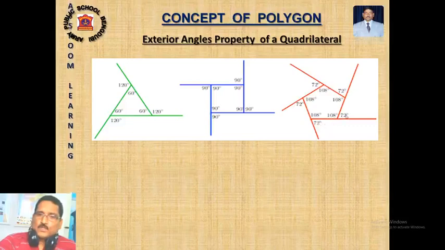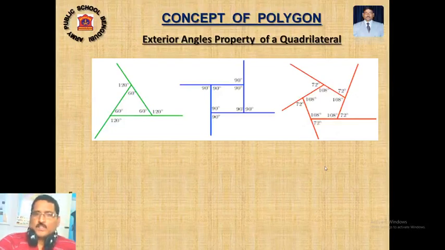All exterior angles are 72, and if I add them I get 360 degrees. That means the sum of the exterior angles of any convex polygon, not a concave polygon, is 360 degrees.